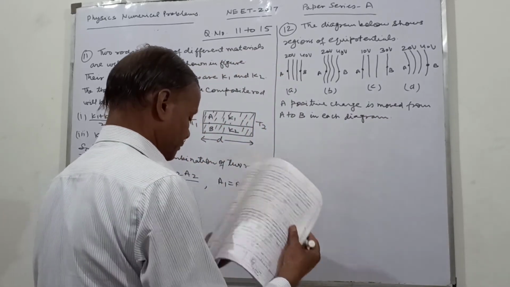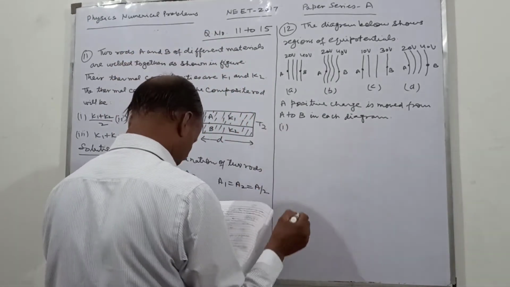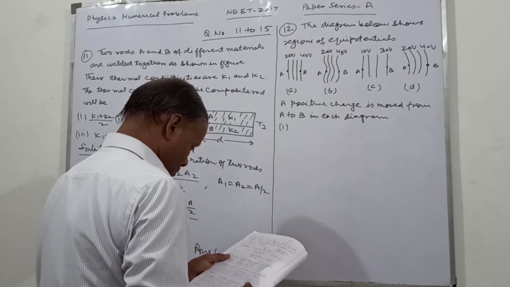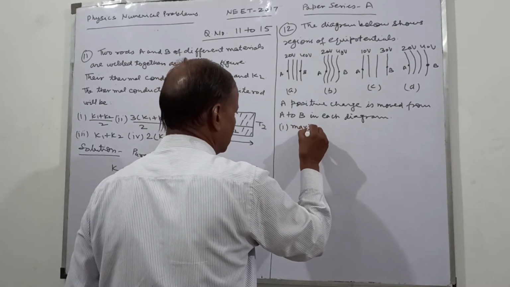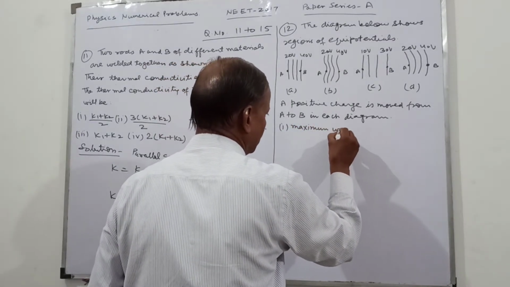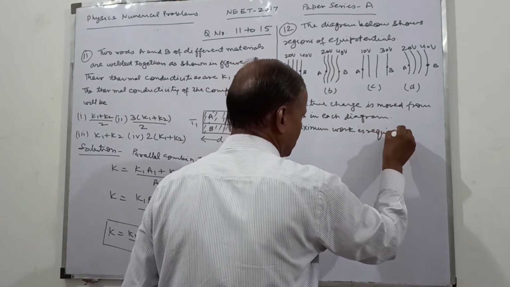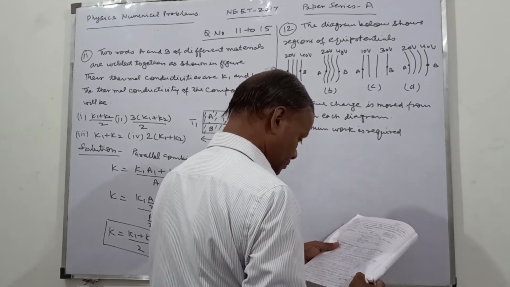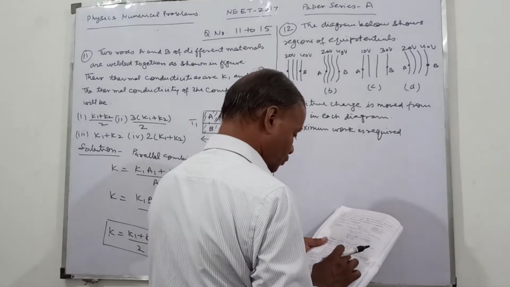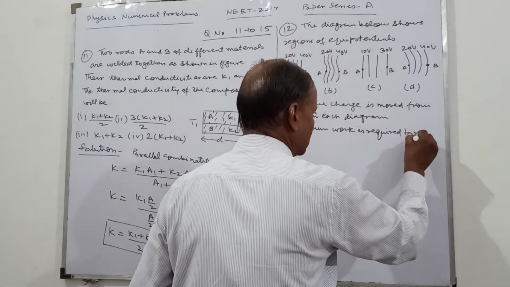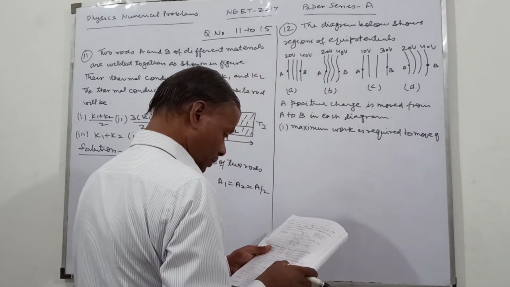Now the options are: first option is maximum work is required to move Q in figure C.